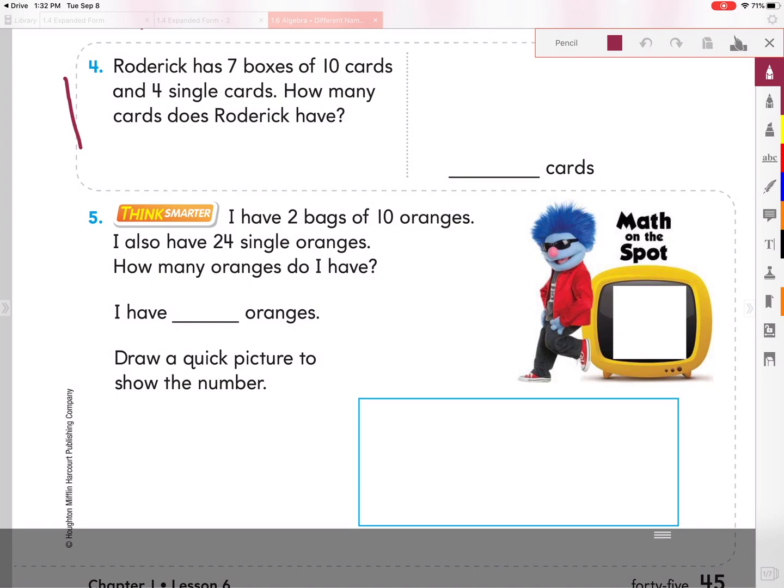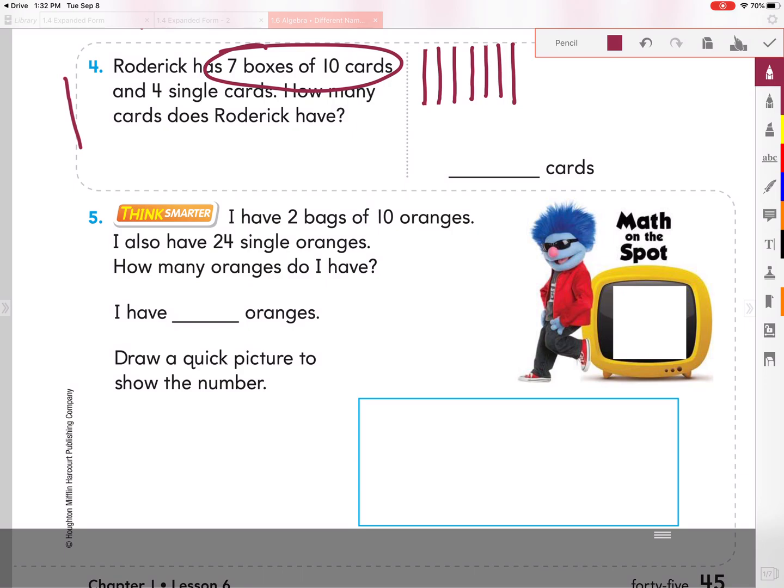Okay. When you have a group of 10 anything, his are cards, we know we can draw rods. So 7 boxes, each box has 10 cards, so there's a rod, 2 rods, 3 rods, 4 rods, 5 rods, 6 rods, and 7 rods. And we can show those because we know in each box is a group of 10.